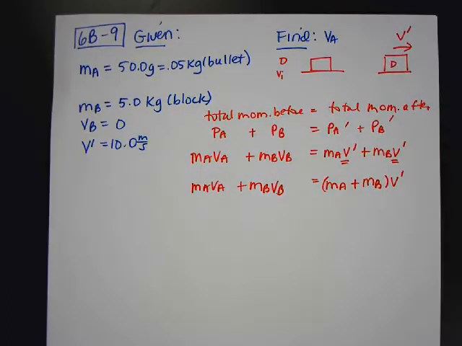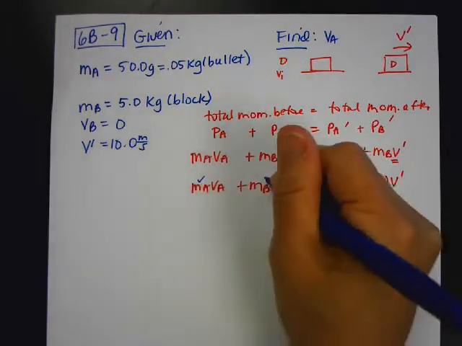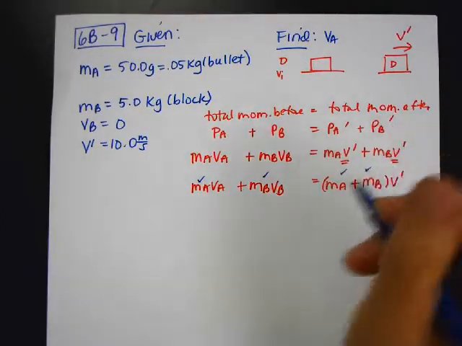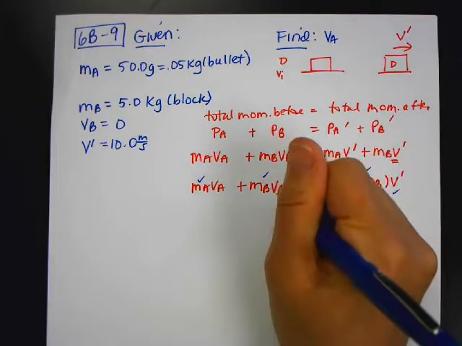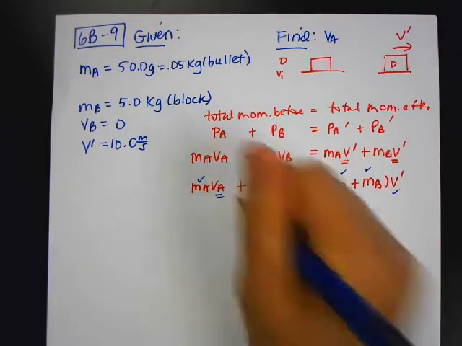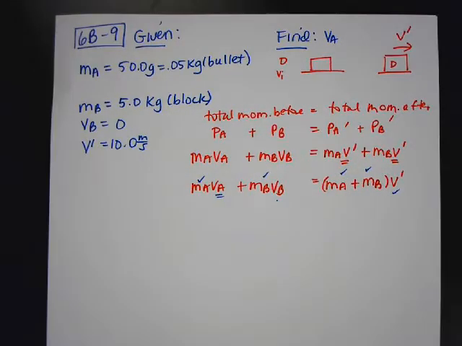So what do I have? I have all my masses, and I have this is 0, and I want to find VA. So I'm going to rearrange the equation to solve for the unknown in terms of the known. Now we're just doing some basic algebra. Am I going to plug my numbers in now? No, because if I do that, I'll make a mistake.